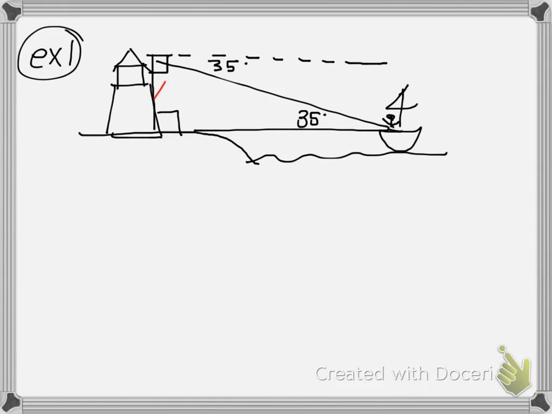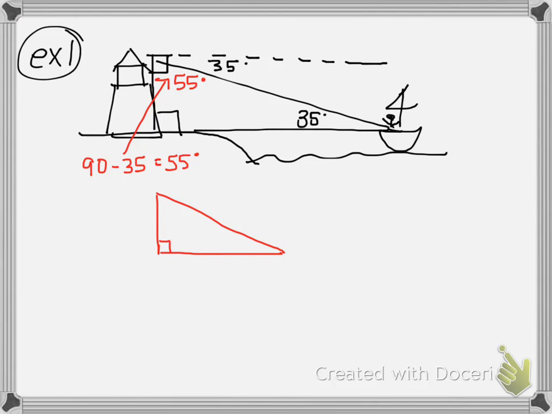So to find what this angle is, we do 90 minus 35, and we'll get 55 degrees. So then we can tell that our triangle here has 55 degrees here and 35 degrees here. And so then we'll be using these kinds of concepts as we go through.